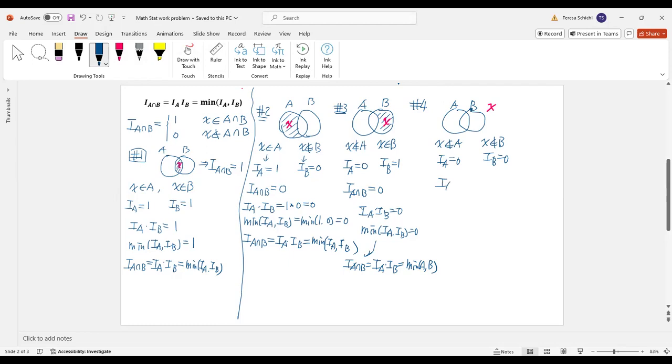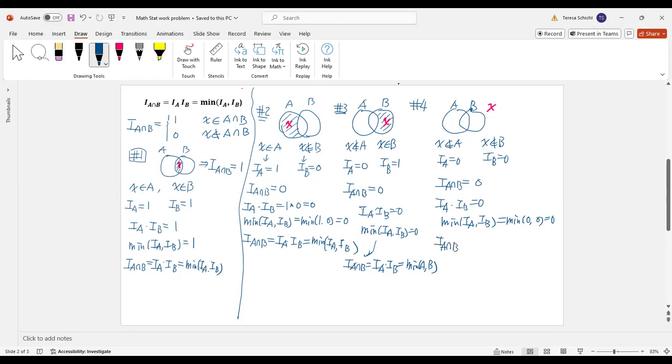The indicator of A intersect B is 0 because x is not in there. So IA times IB is equal to 0, and the minimum of IA and IB is the minimum of 0 and 0, so it's 0. So I proved it.